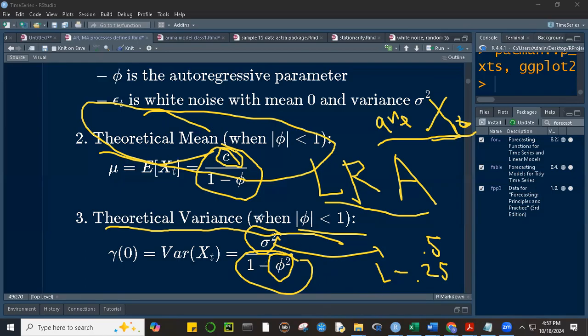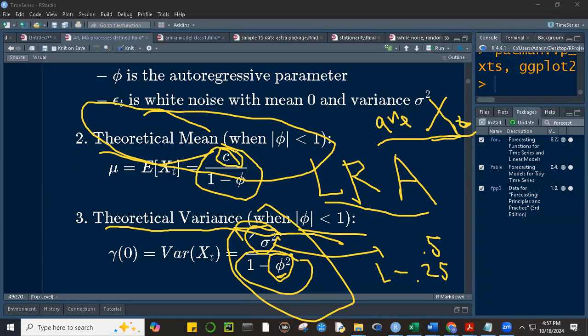Right, so what happens to your quotient? Lalaki yung quotient nyo, class. Because this is less than 1. It will always be less than 1, class. Kahit negative yung phi nyo, class, no? Negative 0.5 squared, 0.25 pa rin yun. Okay? So this will always be less than 1. Since this is less than 1, then your quotient becomes bigger.